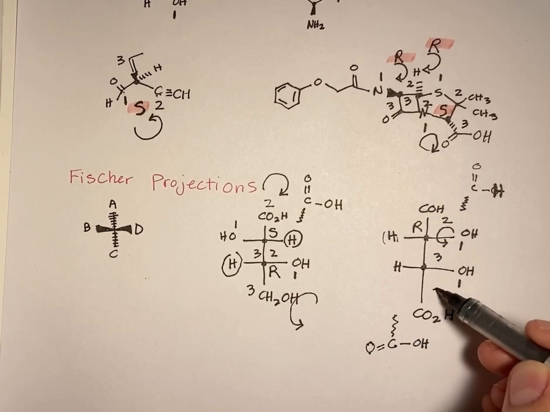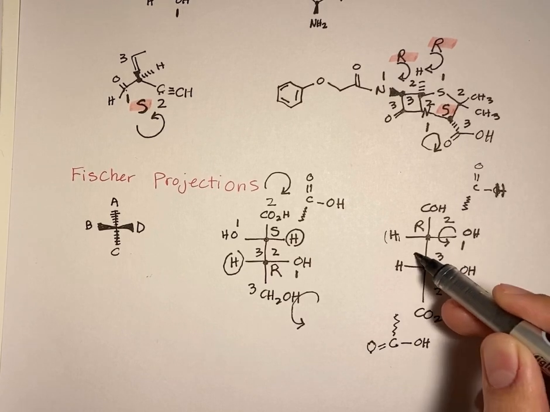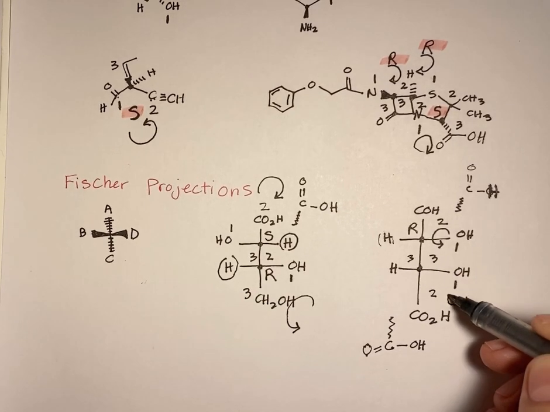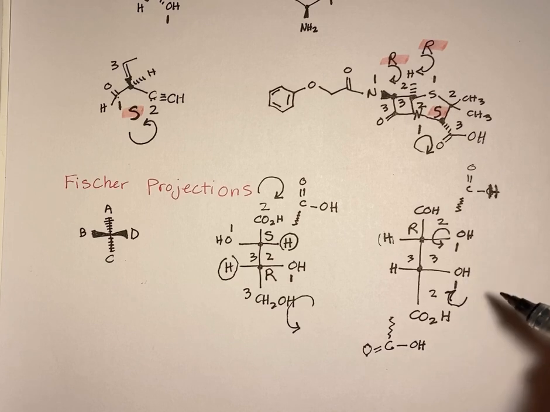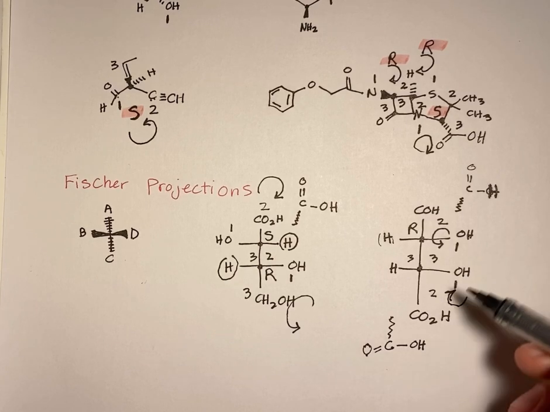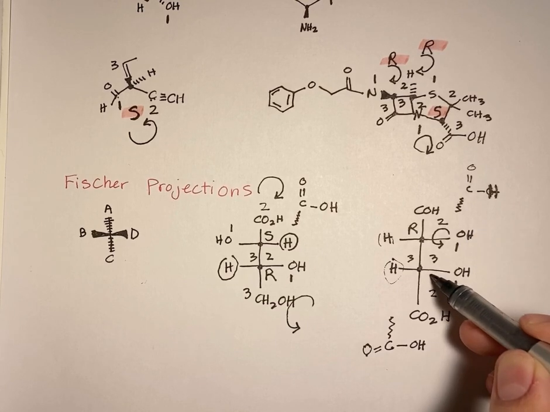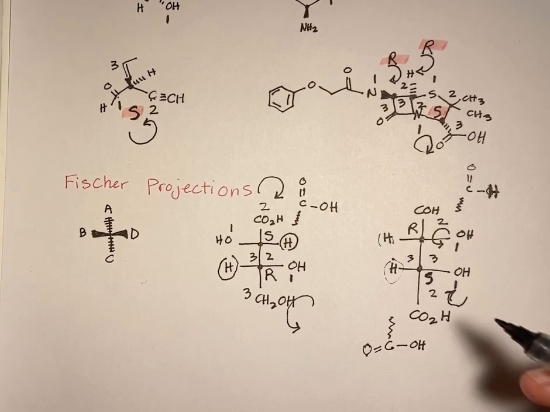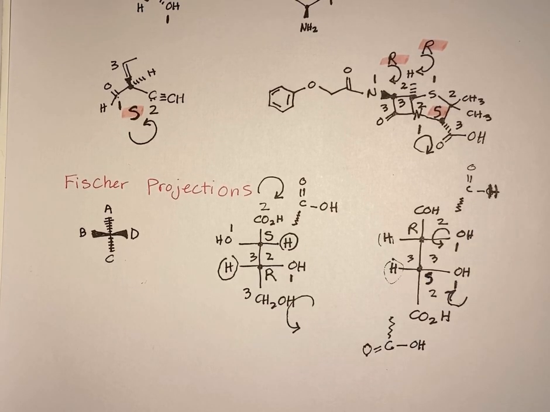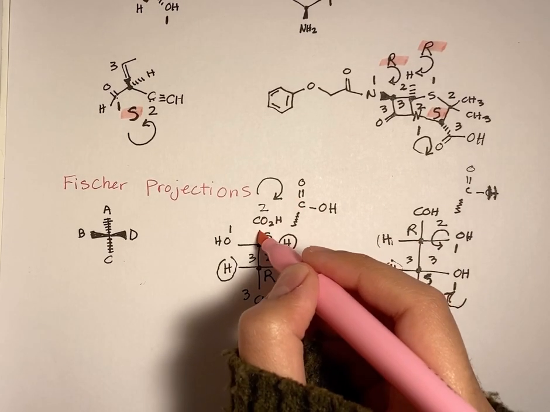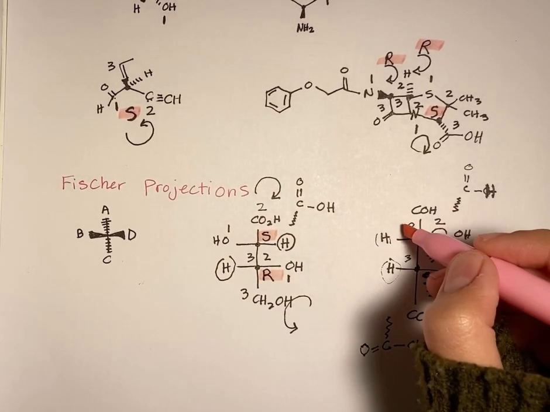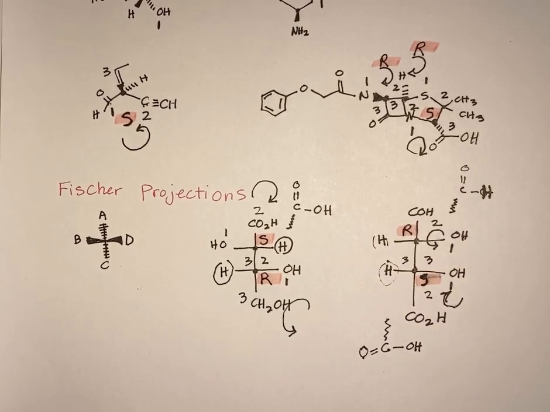So this one gets the second priority, the third one on the top looks like this. Clockwise should be R, but hydrogen is to the front, so should be S. And once again, I'm going to highlight the R's and S's here so that you can see all of them more clearly.